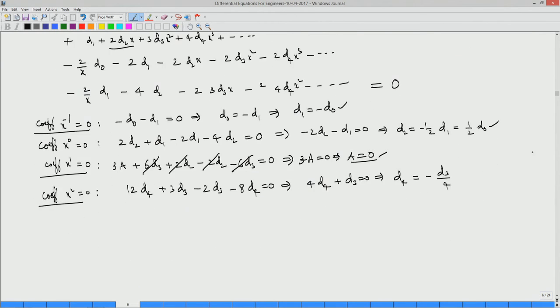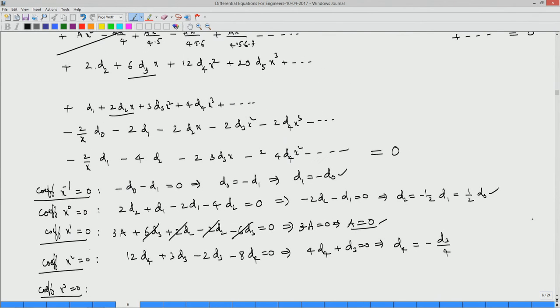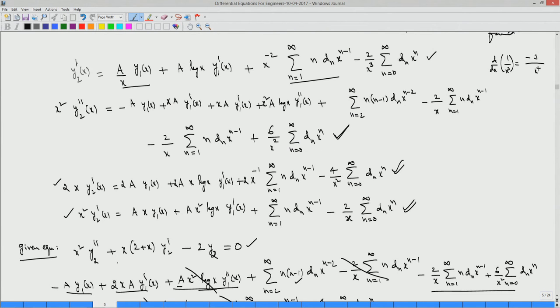I could not get d3, so let me calculate one more term. So, the coefficient of x cube equal to 0. If you make it, what happens? Sometimes you get all the coefficients except one.